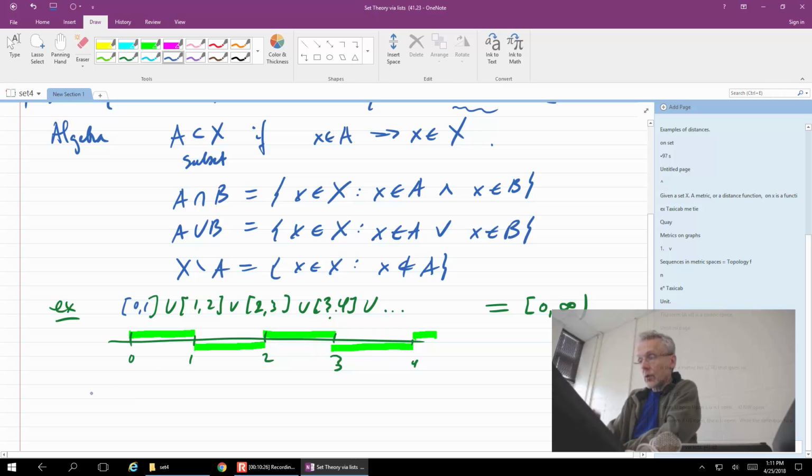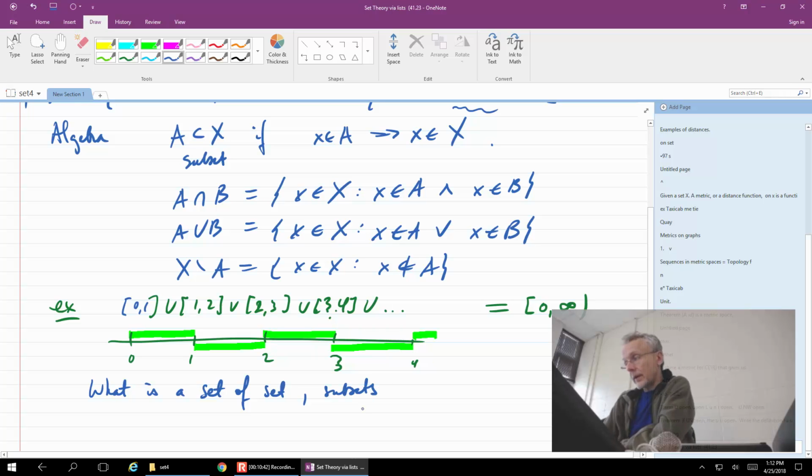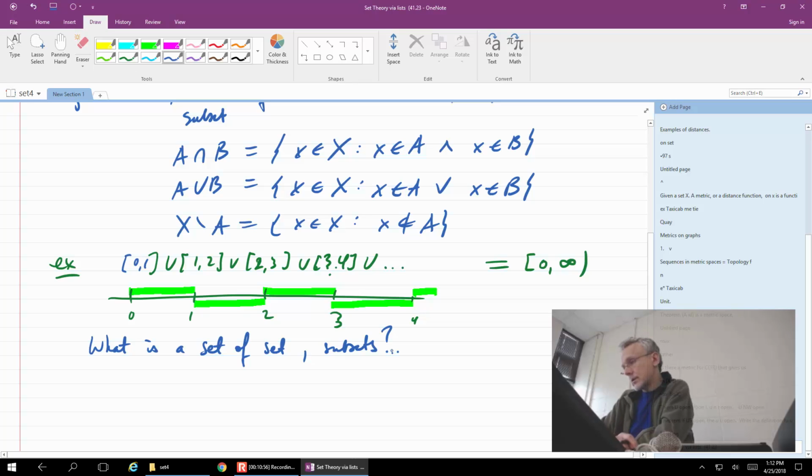Well, first the notation. We define a set of sets, specifically subsets. That makes life easier if we have one universal set, and then we do unions or intersections of that set of sets. Let's put that aside for a moment. What is a set of sets? The starting point is the set of all subsets.